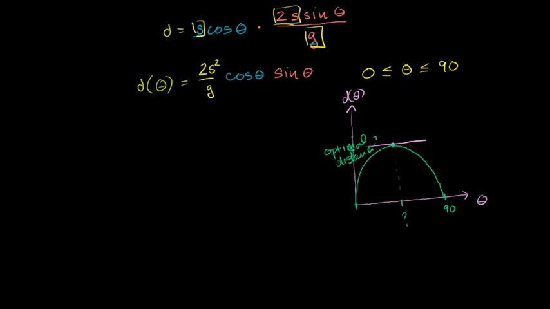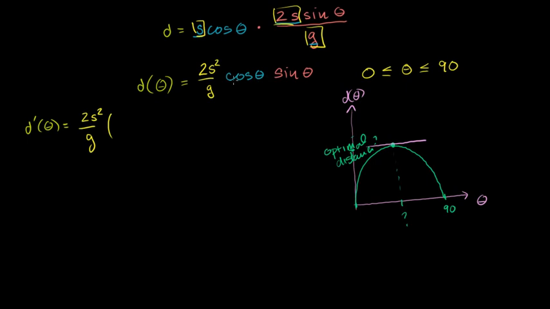So let's take the derivative. We'll just use our derivative rules here. The derivative of the distance with respect to theta, we could call it d prime, is equal to, we're assuming that s and g are constants, so we don't have to worry about them right now. We could just put them out front. And then we could do the product rule to take the derivative of this part with respect to theta. In the product rule, we take the derivative of the first function times the second function.